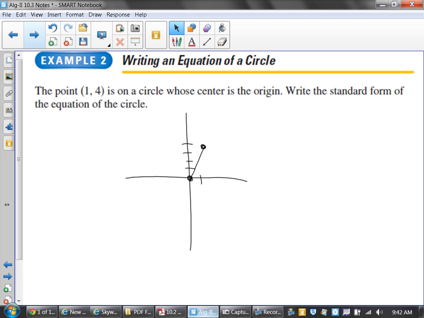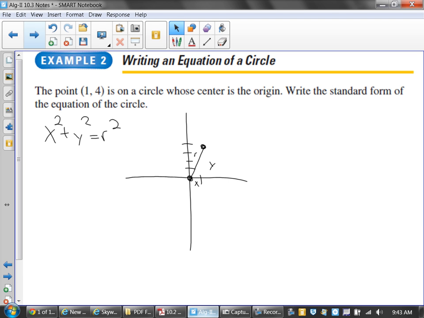Since it's located at the origin, the formula is just x squared plus y squared is r squared. There is no shift involved. Isn't this also the Pythagorean theorem for x and y and r? It's the hypotenuse.